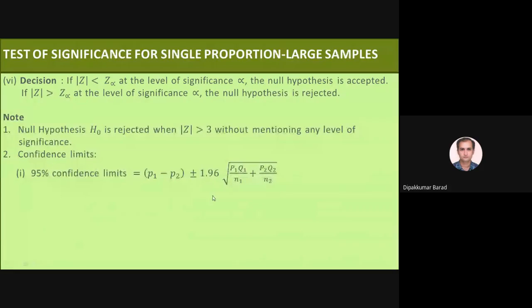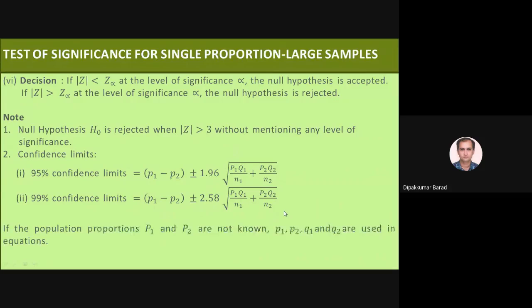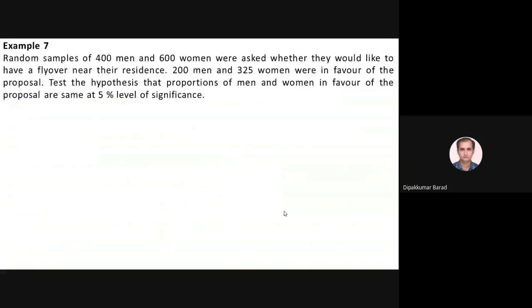For 99%, instead of 1.96 you use 2.58. Again, if you don't have capital P1 and P2, you can use small p1, small p2, and small q1 and small q2. Now we discuss the example, where you are given two different populations and sample proportions or population proportions.